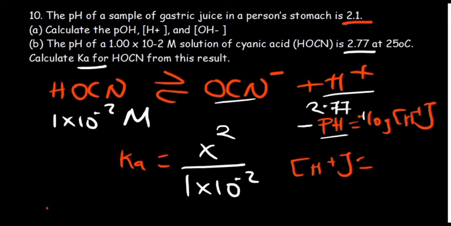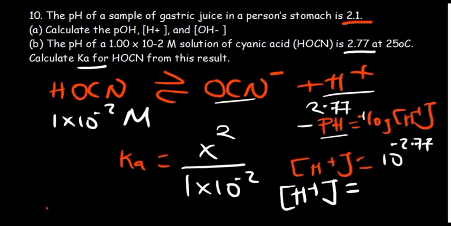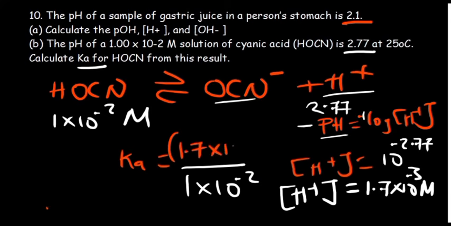The concentration is 10 to the power negative 2.77, which is 1.7 times 10 to the power negative 3 molar. That is our value of x, so we can plug in for x squared: 1.7 times 10 to the power negative 3, squared.